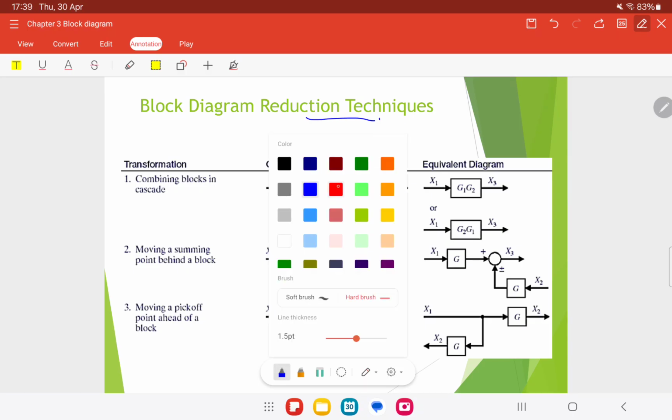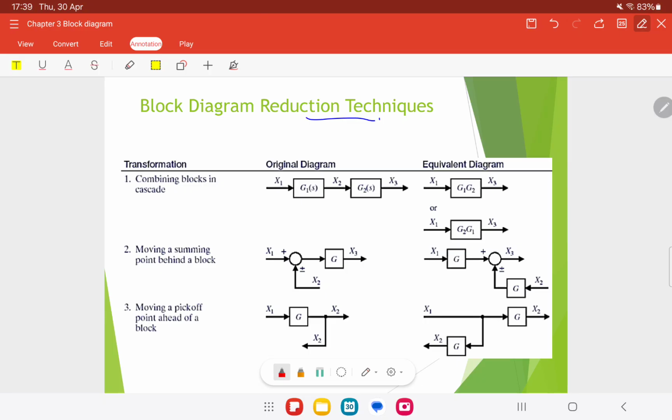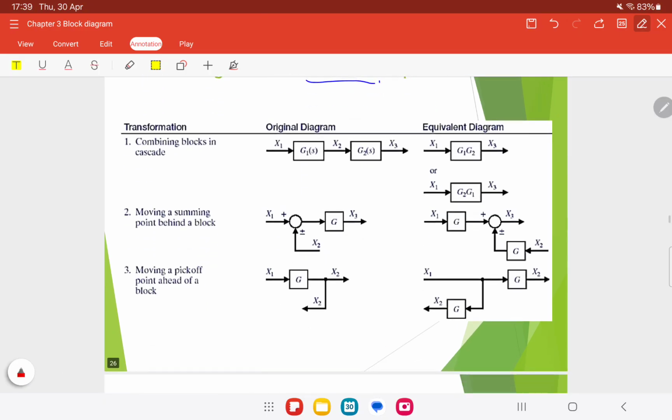We have a few methods or few steps. There are several ways that we can apply for the block diagram reduction. This table is very important. The first one is combining block diagram.